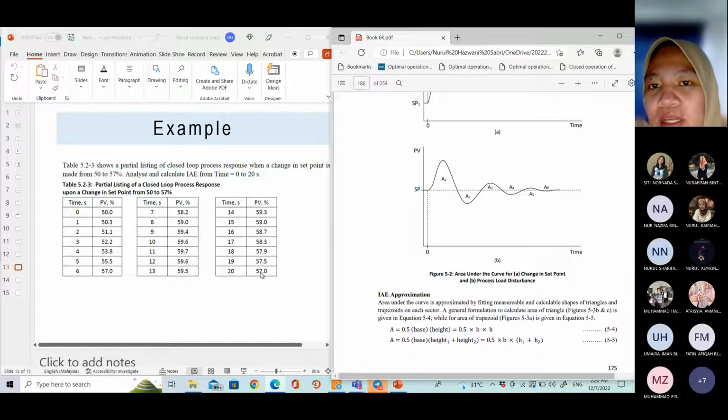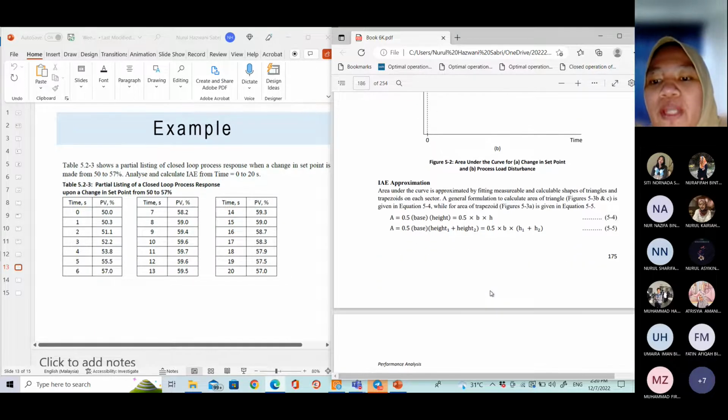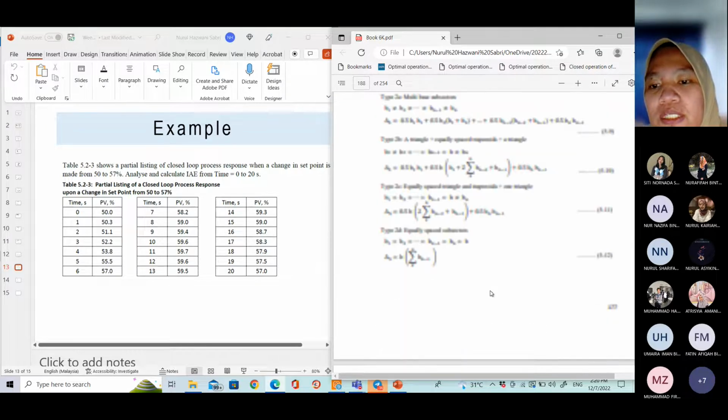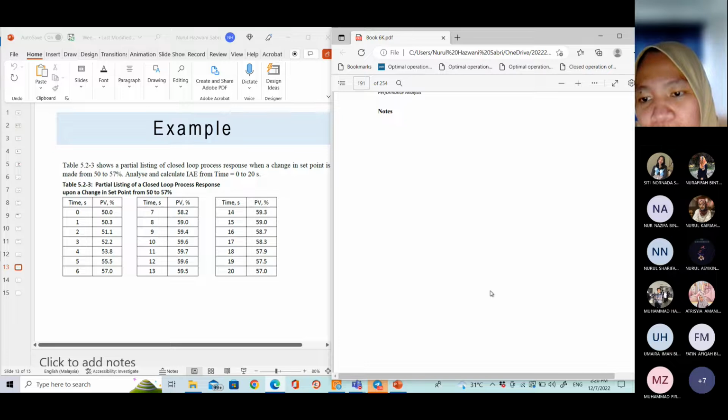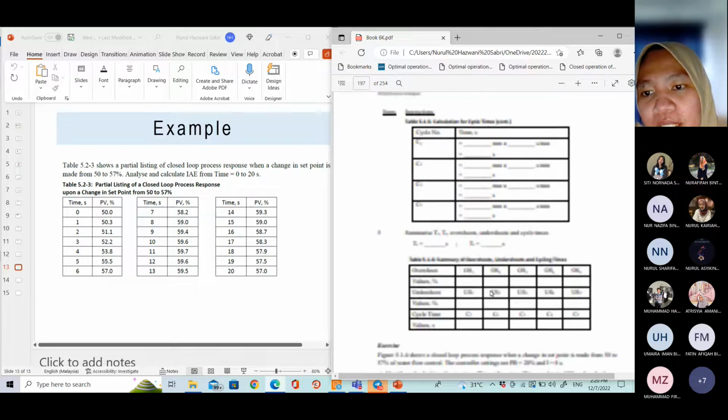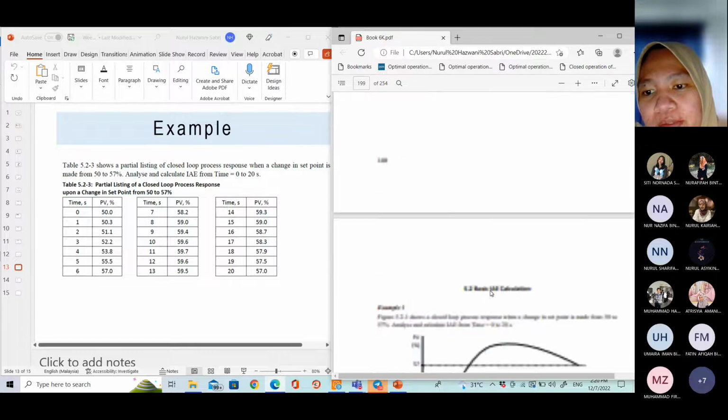So basically this curve has one peak, one overshoot peak. It does not oscillate. It is the same as the example you did last week. I'll show it again in case you forgot. The IAE one.